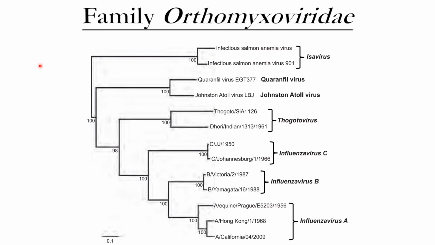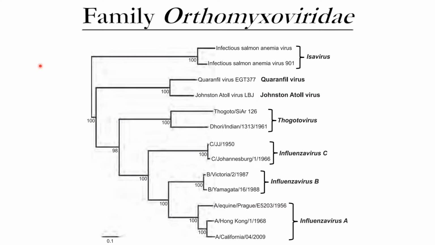The definition of a negative sense RNA virus came from work by David Baltimore, who showed that the packaged genome of this class of viruses is complementary to the messenger RNA or mRNA, which is designated as positive.